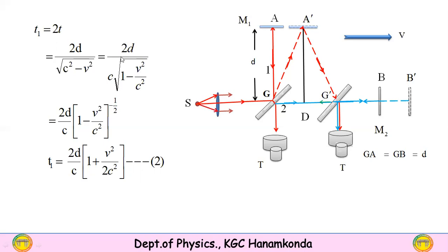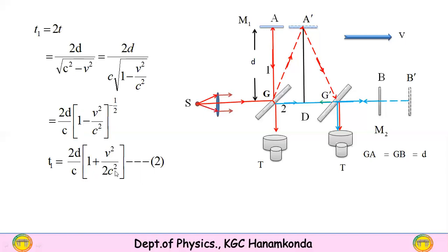So c into under root of (1 minus v square by c square) remains in the denominator. Therefore, 2d by c into (1 minus v square by c square) whole power minus half. We are taking this denominator term into the numerator, so the power will become negative.